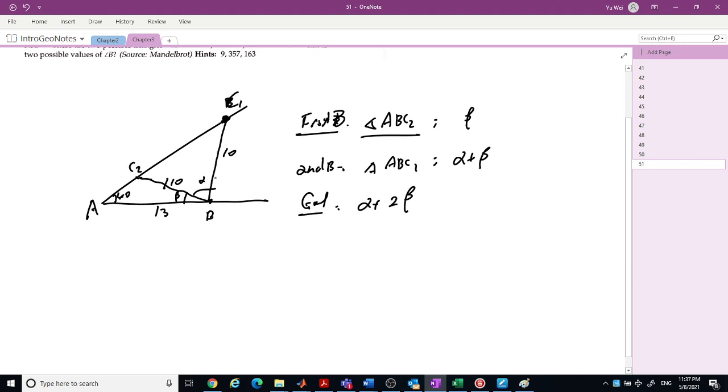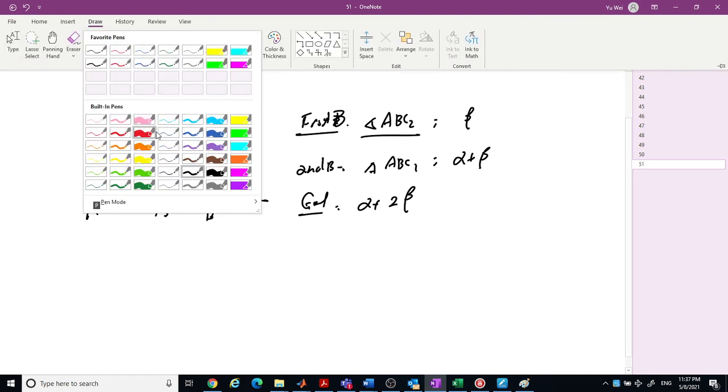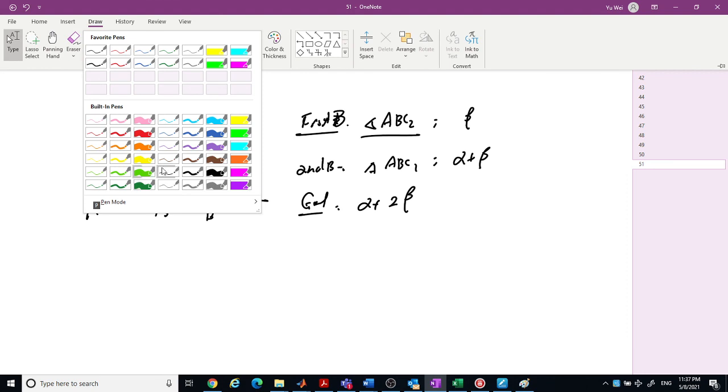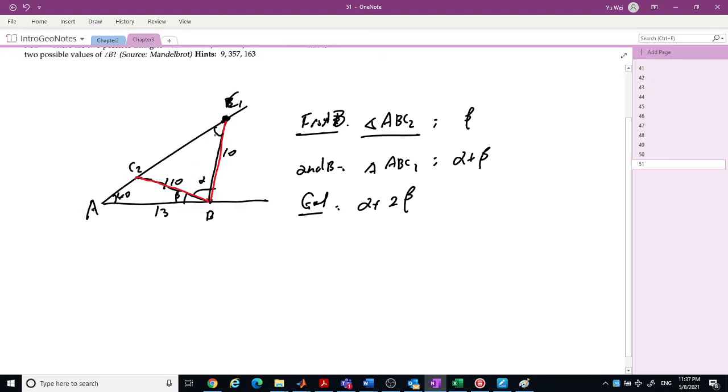Okay, so let's parameterize it. Since we have a triangle, this one is 10 and 10, so C2BC1 is an isosceles triangle. So we can parameterize this one as 90 minus alpha over 2. This one is also 90 minus alpha over 2.